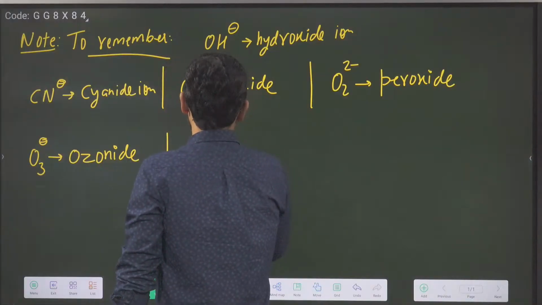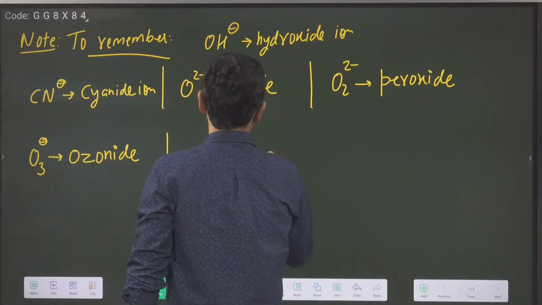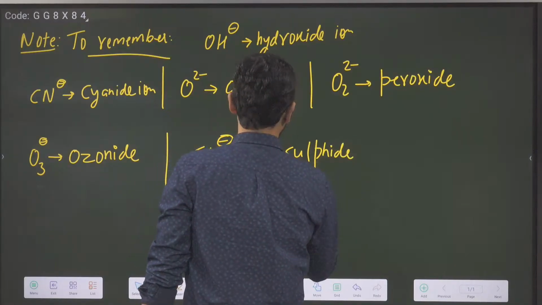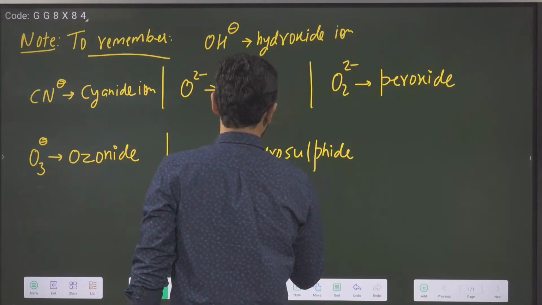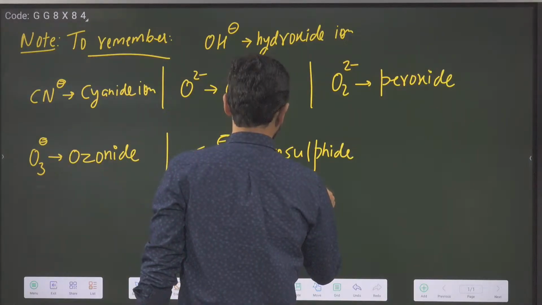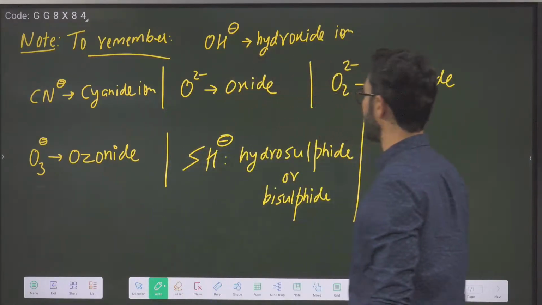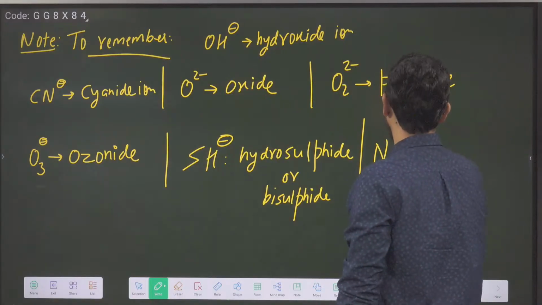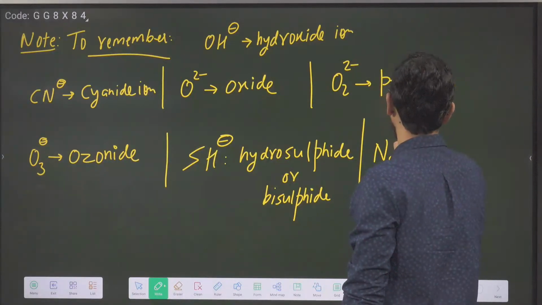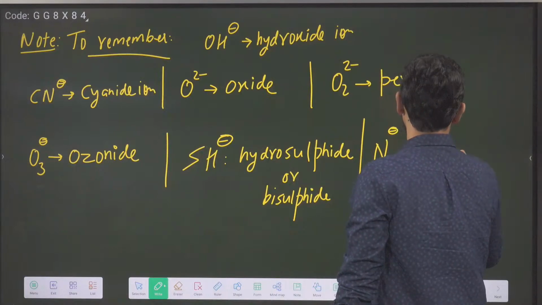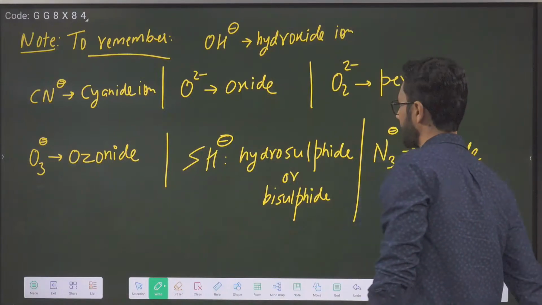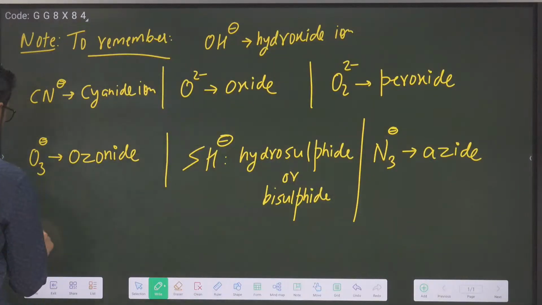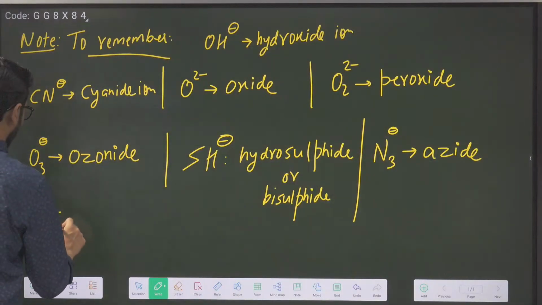Then you can write SH minus, hydrosulfide or bisulfide. Then N3 minus, 1 charge, azide. S2O3 2 minus, thiosulfate.